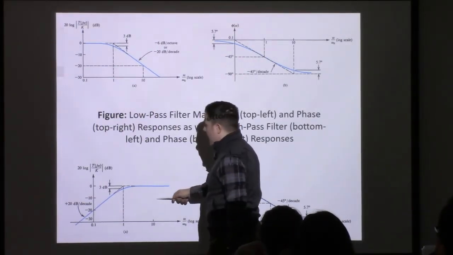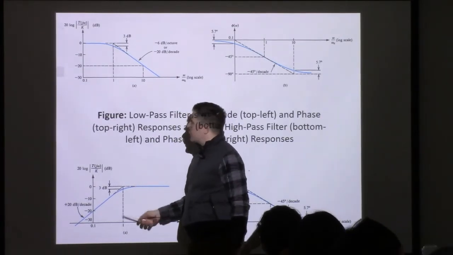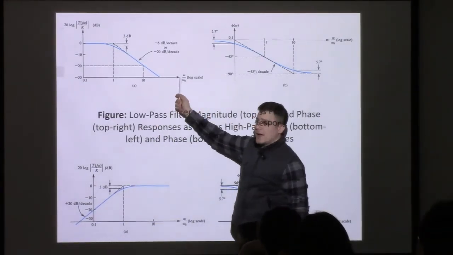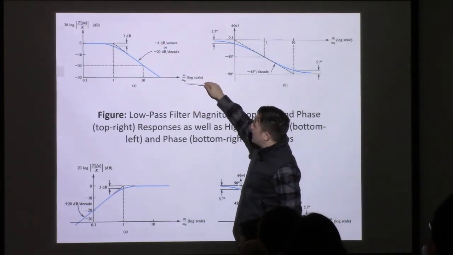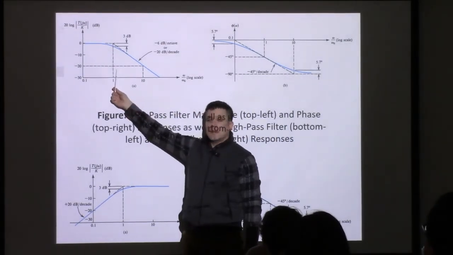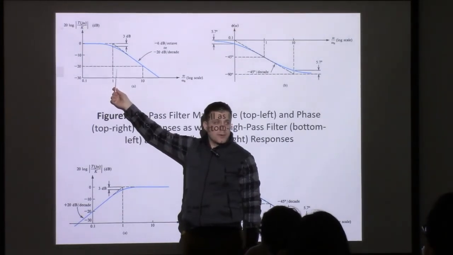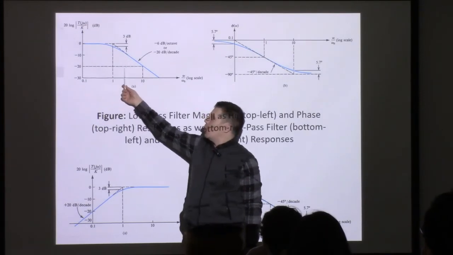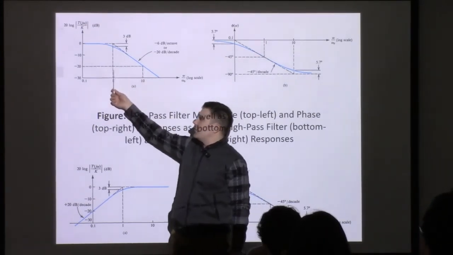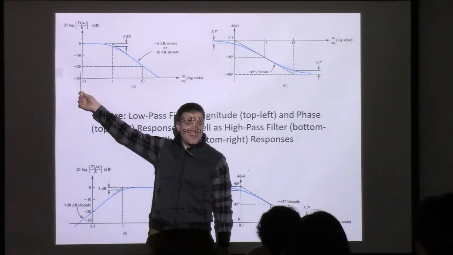Over here we have the high-pass filter. Again, this is the cutoff frequency. So you have to read the x-axis very carefully. The x-axis, what it's saying is omega over omega 0. So 1 is omega 0, right? Frequency is omega 0. Frequency is the cutoff frequency. Over here we have 10 times the cutoff frequency. Over here we have 1/10 of the cutoff frequency.